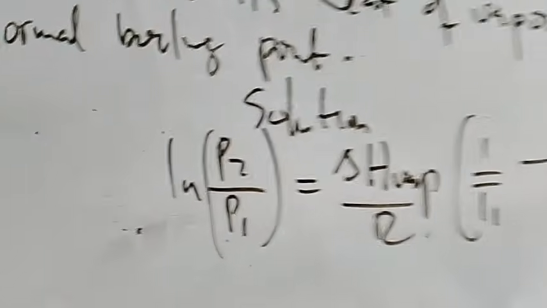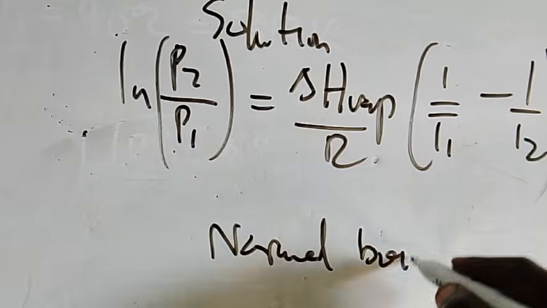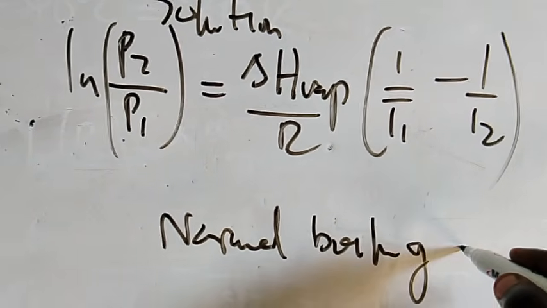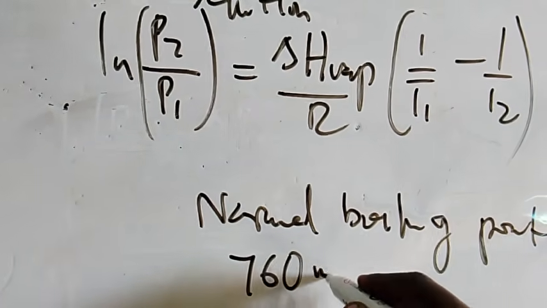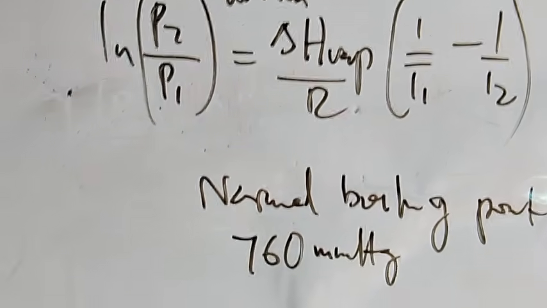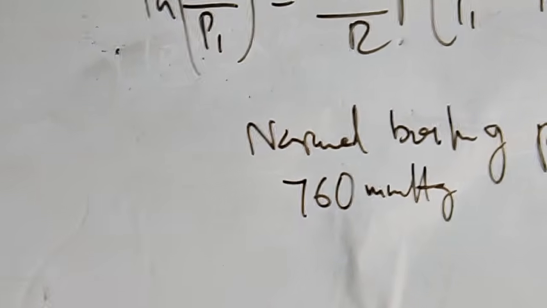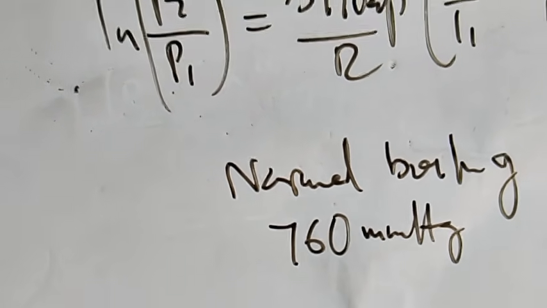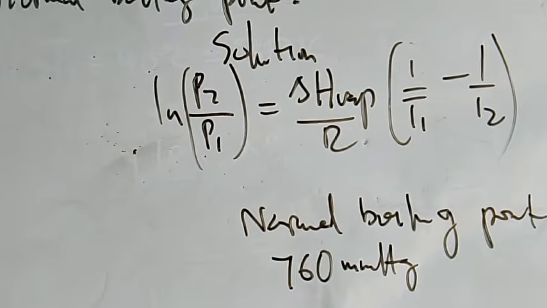Take note that the normal boiling point occurs at 760 millimeters of mercury, so that will be your P2 when calculating the new pressure. So you are going to try this one.